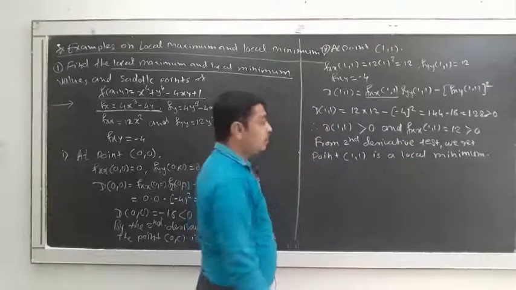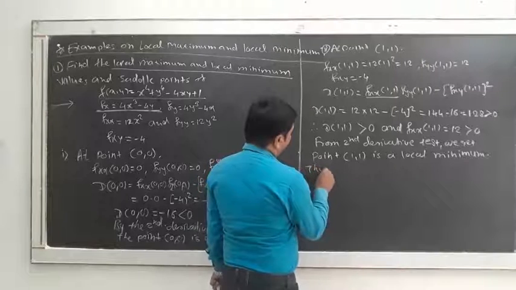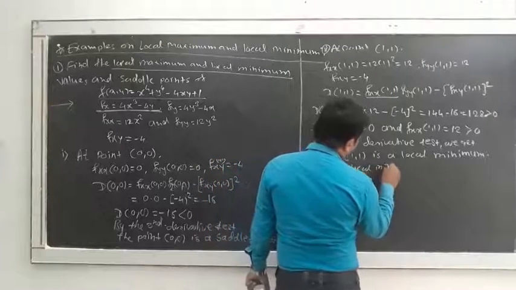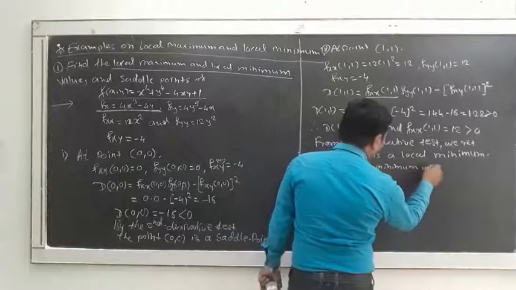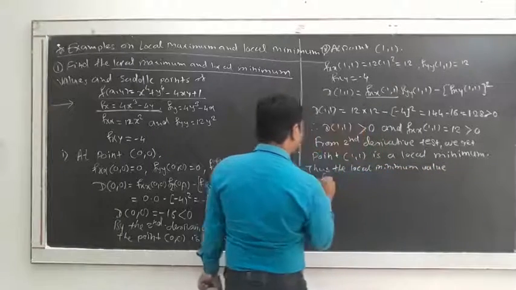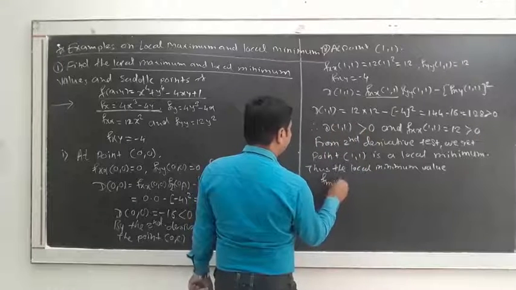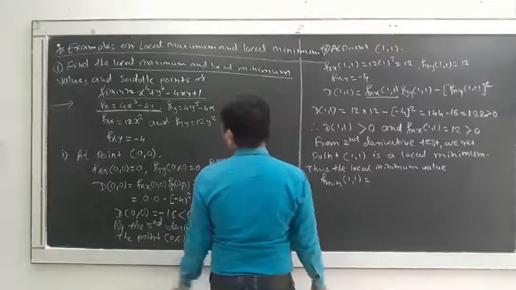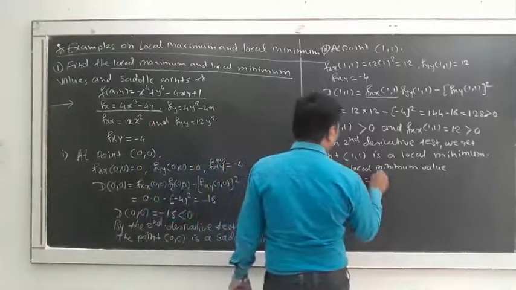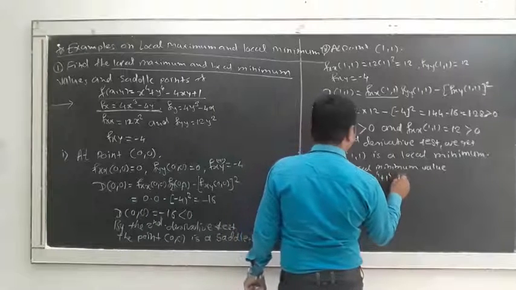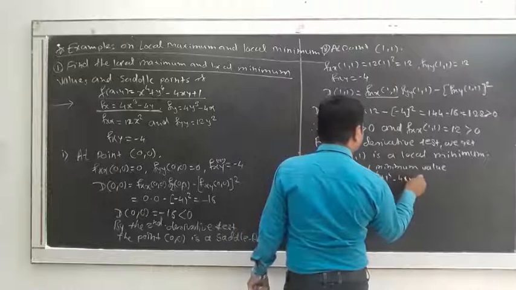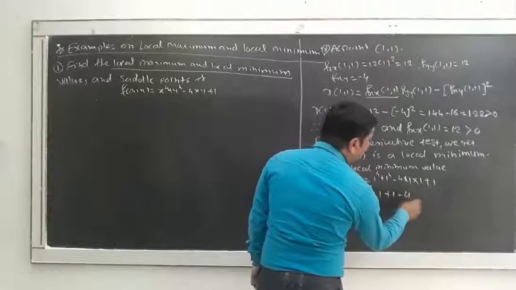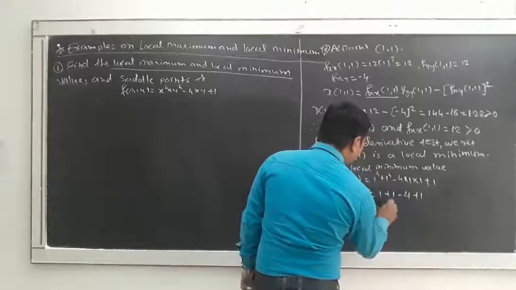Now can you find the local minimum value? How do we find this? You have to find f at (1, 1). At point (1, 1), just write down 1 raised to 4 plus 1 raised to 4 minus 4 times 1 times 1 plus 1, which is 1 plus 1 minus 4 plus 1, and it is equal to minus 1.